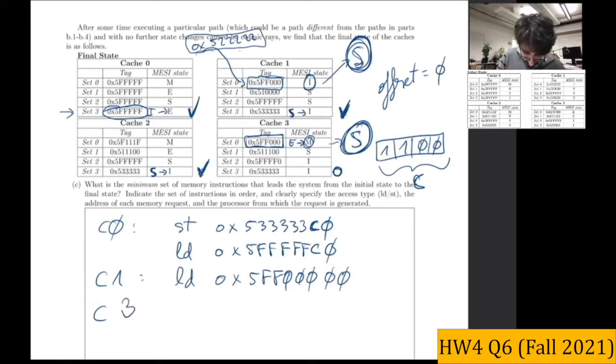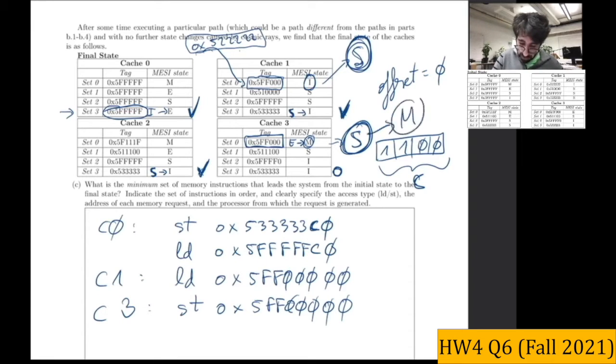In cache 3, just store our cache line 000 in set 0, offset 0. And doing this, we go to modify the state in cache 3 and to invalidate the state in cache 1. So that is the solution for this question.